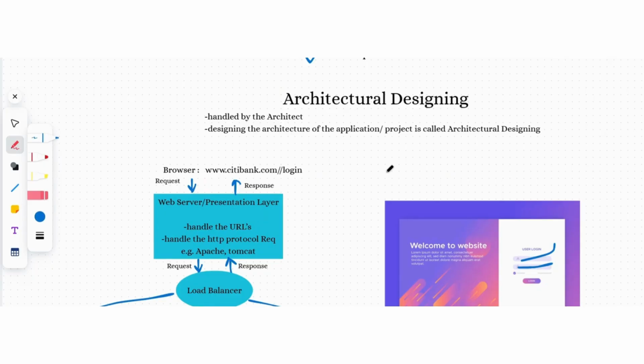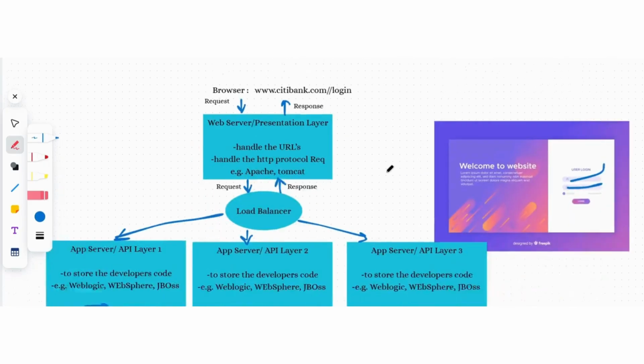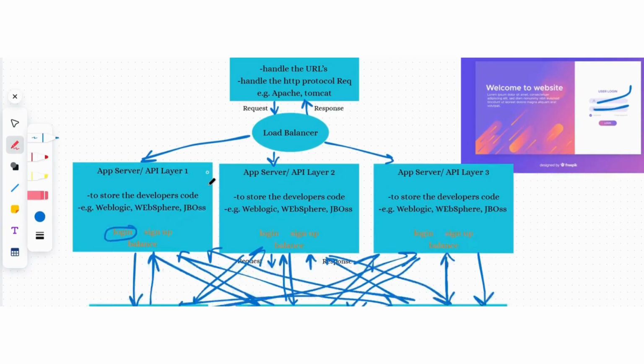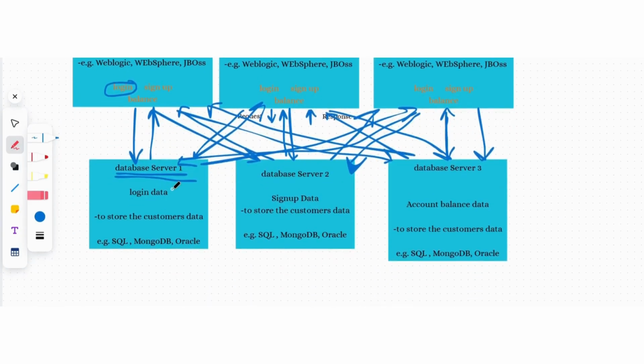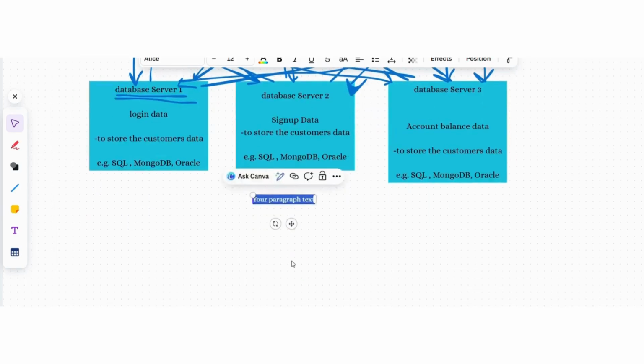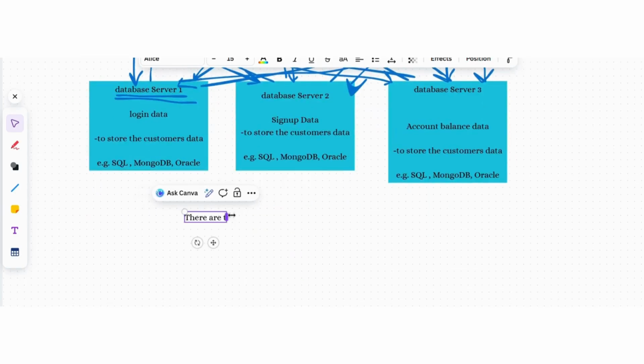There are two types of architecture. The first one is three-tier architecture.